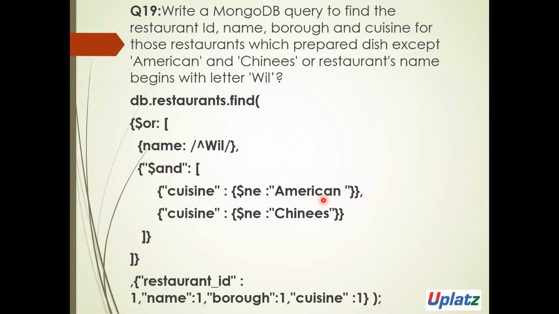So for that, these particular fields get displayed, so I have set one, so either this or this. So if it starts with WAL and either one of them is there, that should be fine. But for this array of objects, both should be true. After that it will check for the name. So if the WAL-starting name is not there also, that should be fine. It will display the result because we are using the or operator. The same thing was also asked in our question.